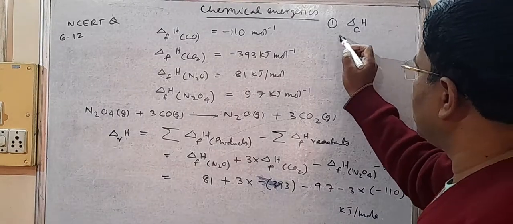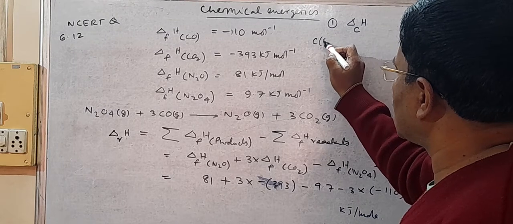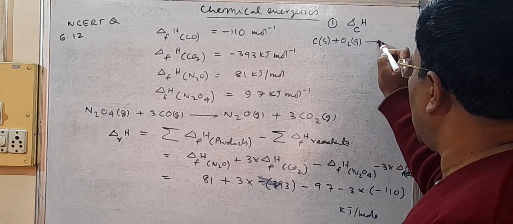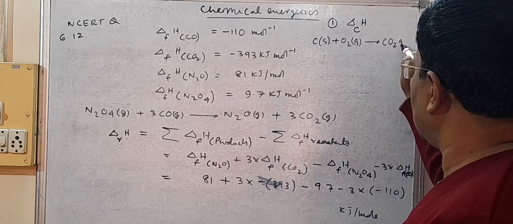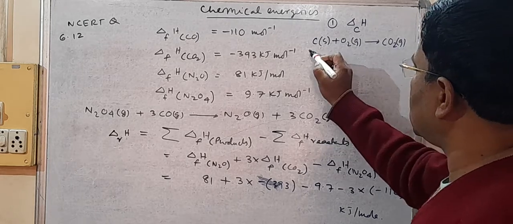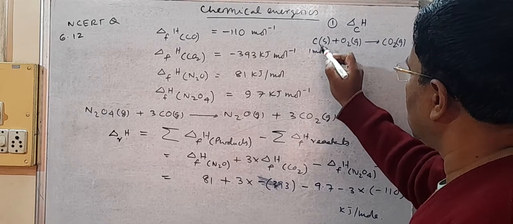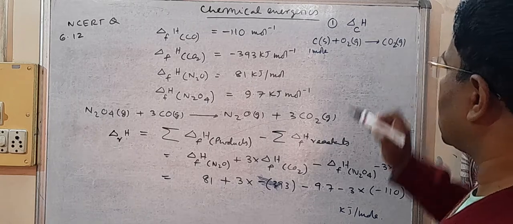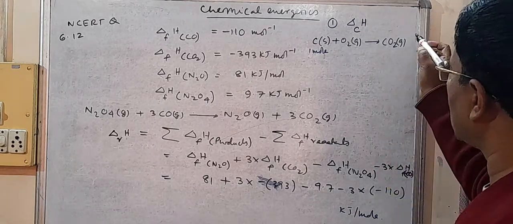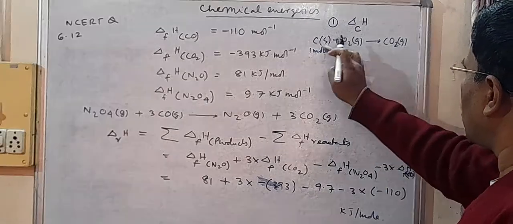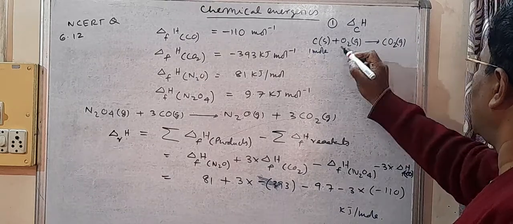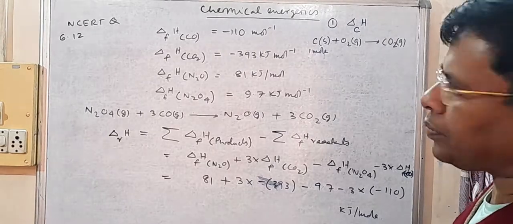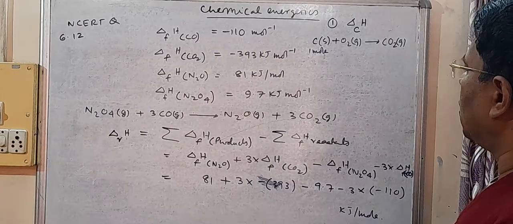I am writing here some process: carbon solid plus O2 gas gives CO2 gas. Here it is 1 mole of carbon being burnt, and we get this product. The corresponding enthalpy of reaction here is called the enthalpy of combustion.